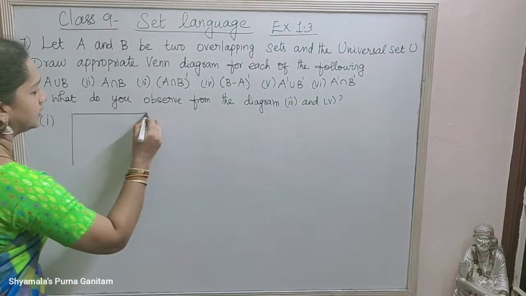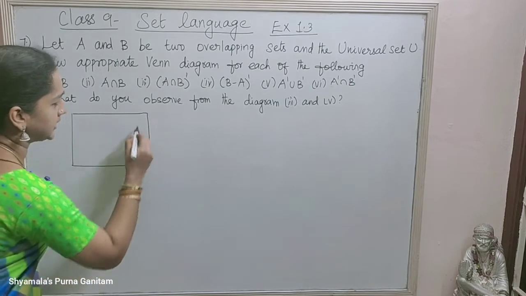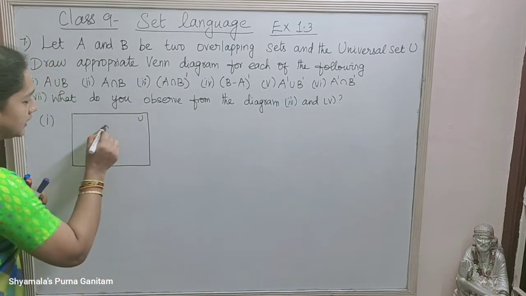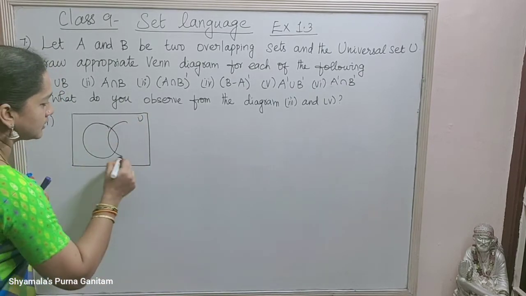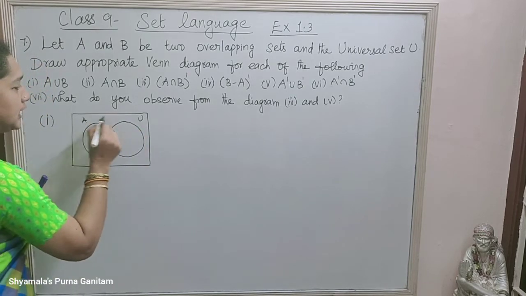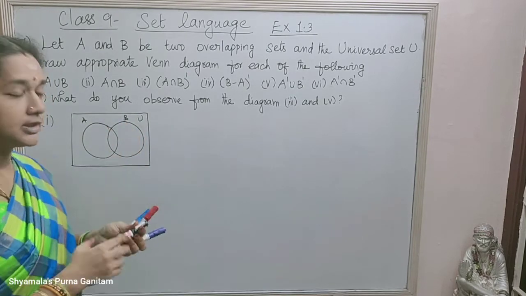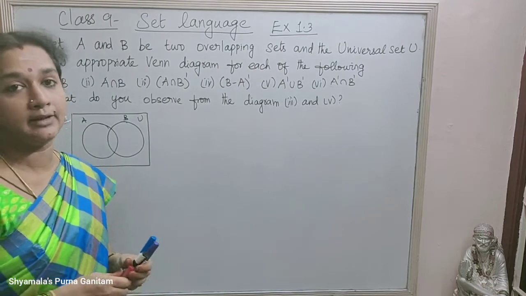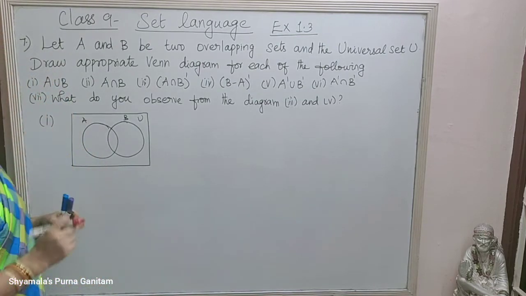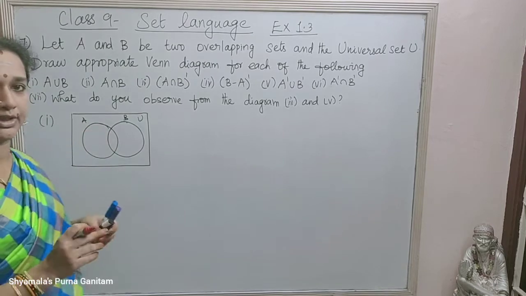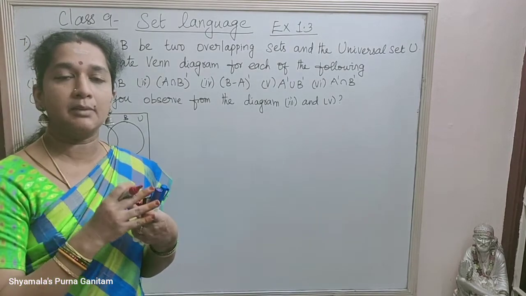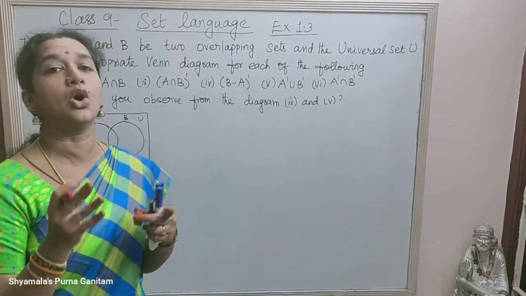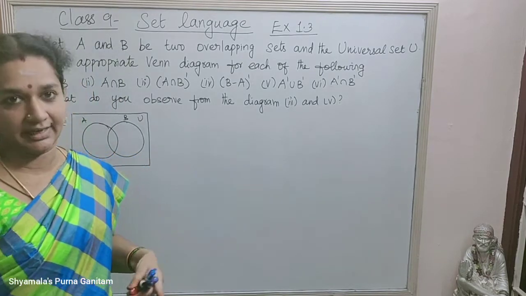Universal set U, set A and set B. This is A and B. We are asked to find A union B. A union B means we combine all the elements of both sets and write them.